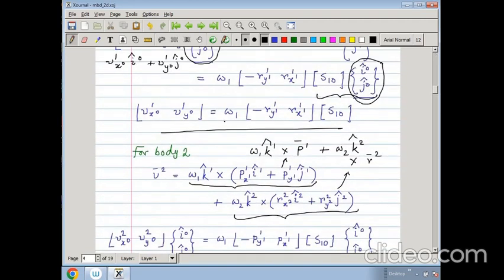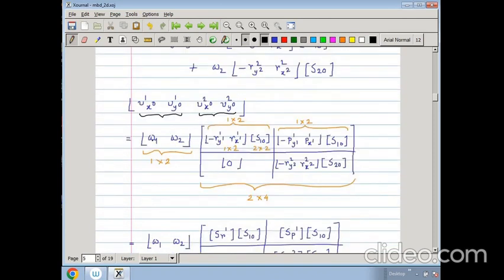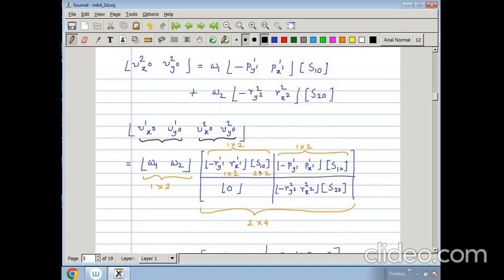And what is the velocity of body 2? When you multiply omega 1 with this, you get the velocity of point P1, and when you multiply omega 2 with this, we get the relative velocity of G2 with respect to P1. So omega 1 multiplied by this is the first term, and omega 2 multiplied by this is the second term.